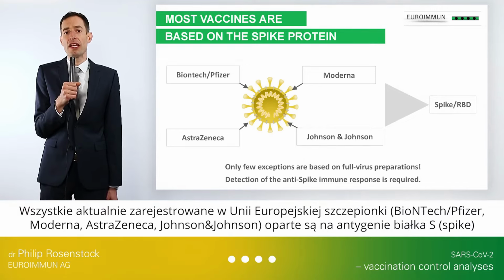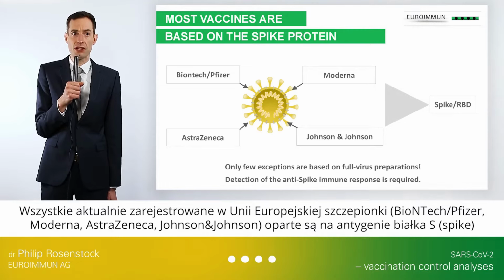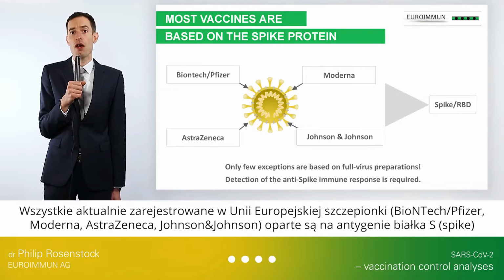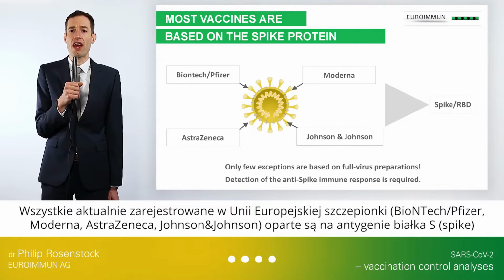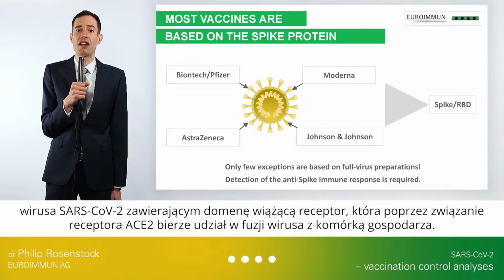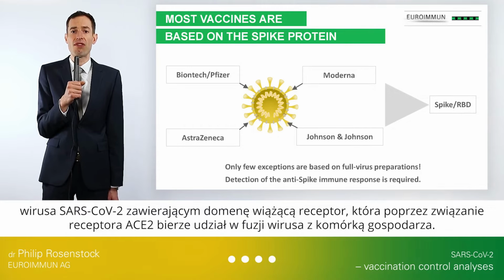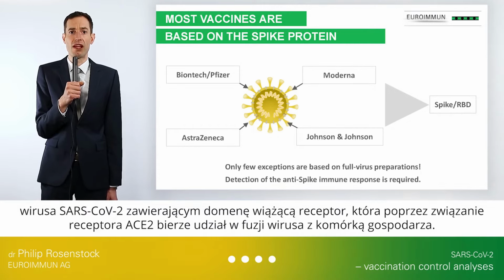So the currently registered vaccines that are available in the European Union are BioNTech, Pfizer, Moderna, AstraZeneca and Johnson & Johnson. And what they have all in common is that they are encoding or carrying the spike protein that contains the receptor binding domain that interacts with the human host cell.